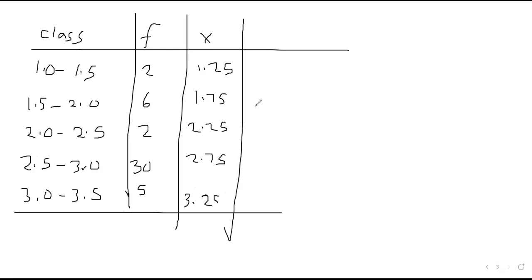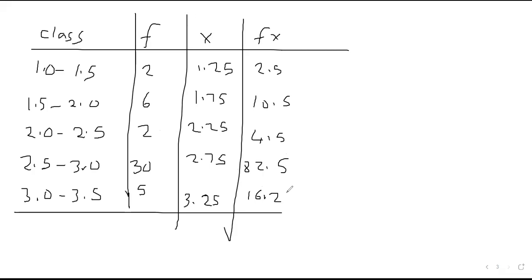Then we apply the two columns, frequency times the x. Fx here, we get 2.5. Then here we get 10.5. Here we get 4.5. Then 30 times 2.75, we get 82.5. 5 times 3.25, we get 16.25.